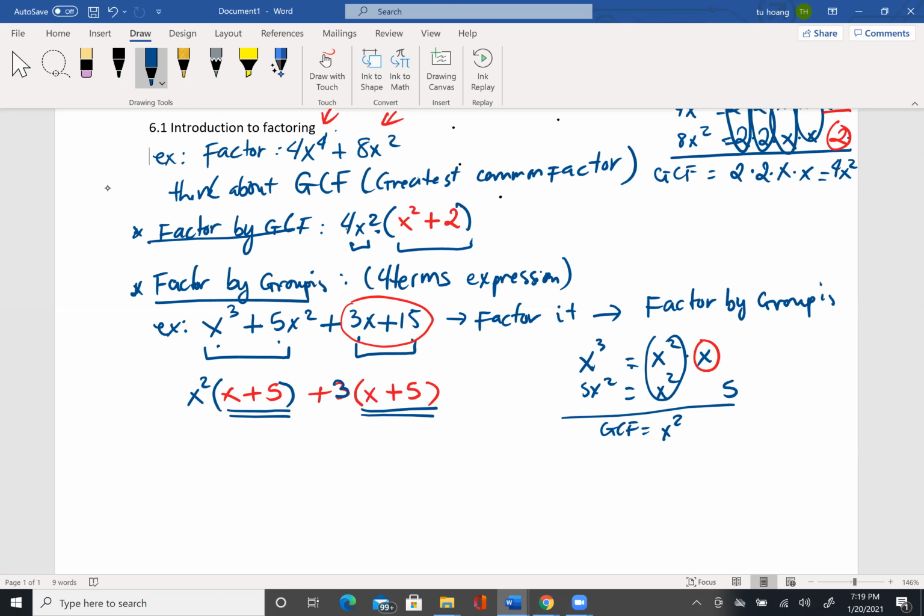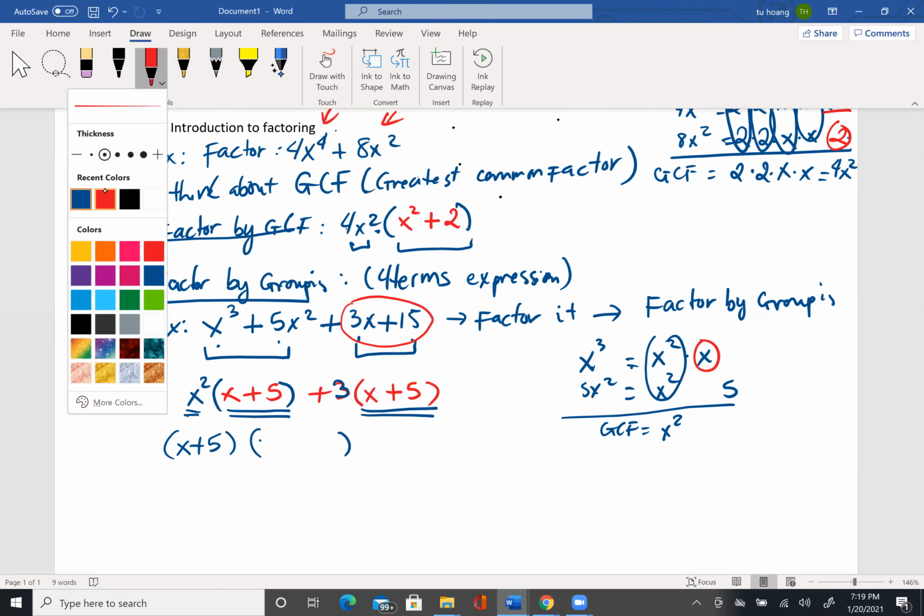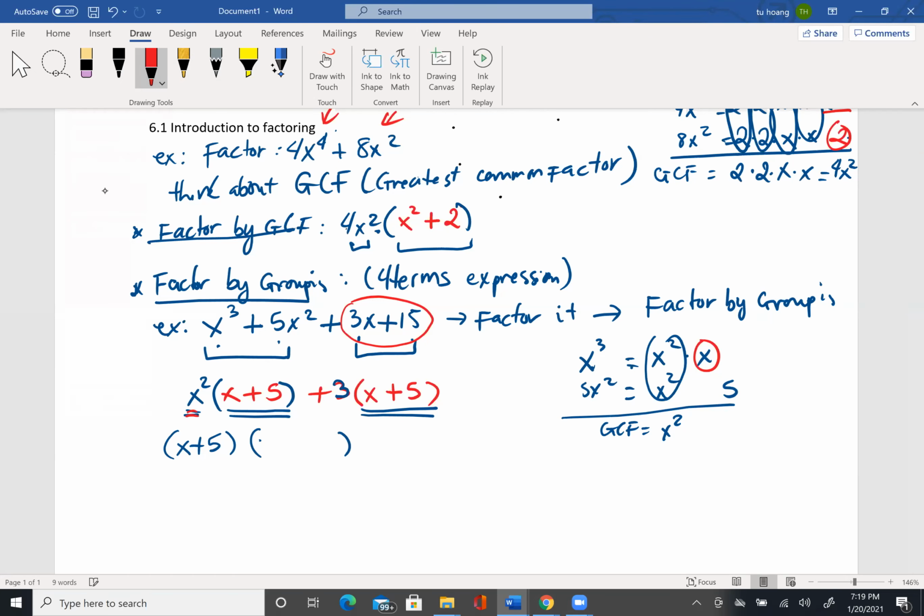So I would like to factor x plus 5 out, and then now I have another factor, which should be x squared plus 3. So that should be the answer.